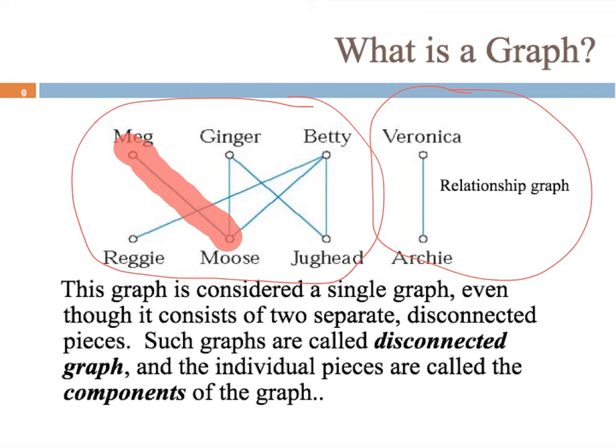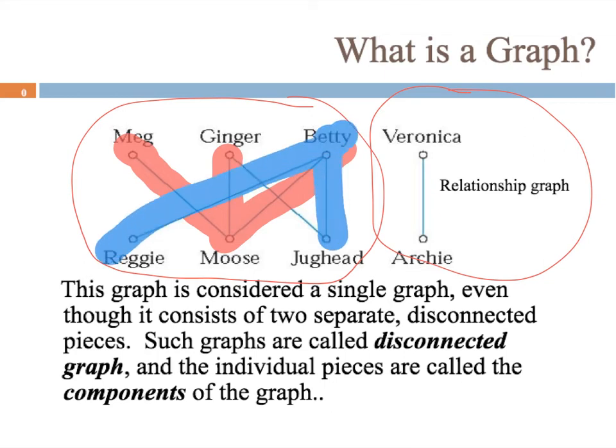But Moose has also dated Ginger and has also dated Betty. Whereas Betty has dated Jughead and Reggie, and Ginger has dated Jughead and Moose. What a hot mess here. And then over on the other side, Veronica and Archie, they're happy. There's no drama here. They've only ever dated each other. So that's one way we can put it.